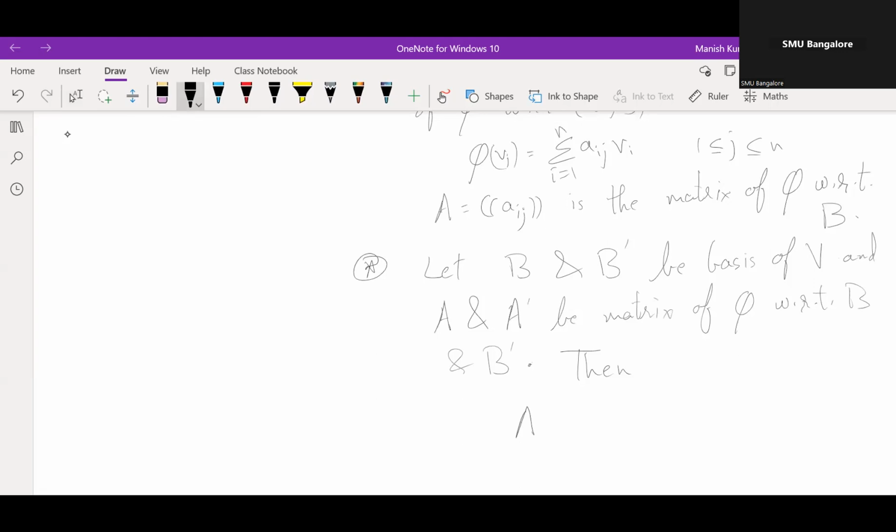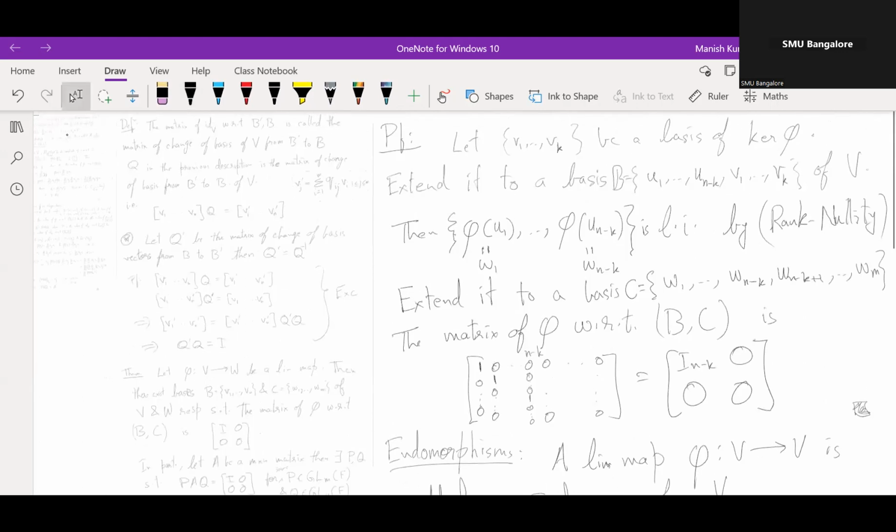What can we conclude? So we can write A prime as PAQ for some P and Q, right? This is what the previous result tells us.